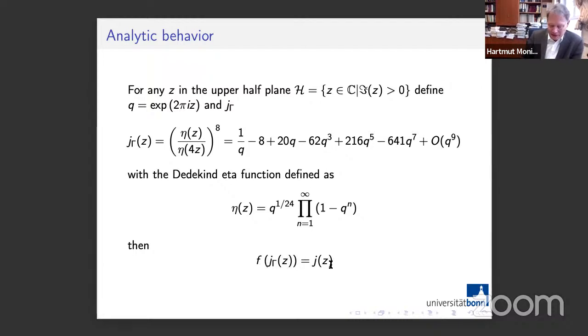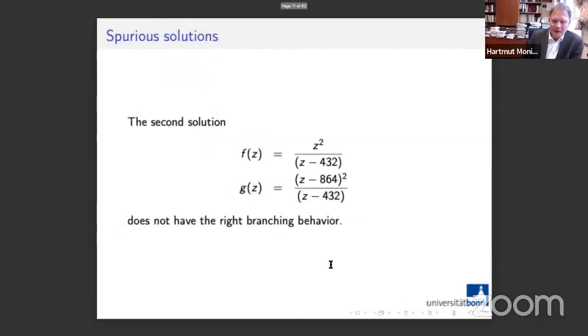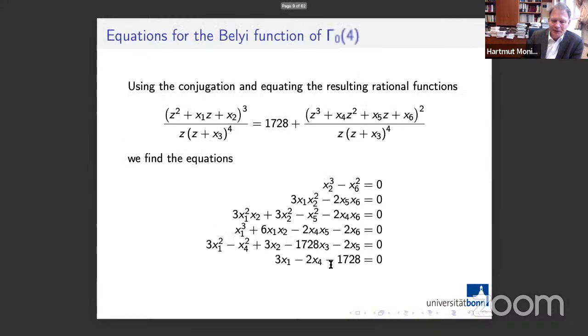So that's for gamma 04, which is a congruence subgroup, simple enough that one can actually solve these algebraic equations.